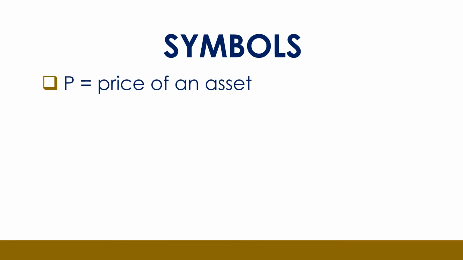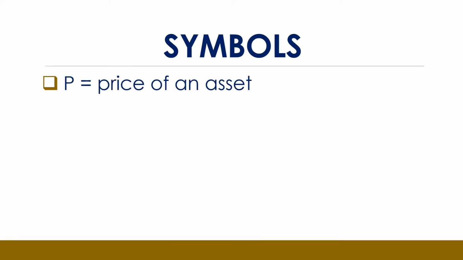In econometrics, we do encounter variables which represent different quantities. For example, the price of an asset is a variable that changes with time and also can vary across different assets. We use symbols with subscripts to represent variables. For example, we can define P to be the price of an asset.